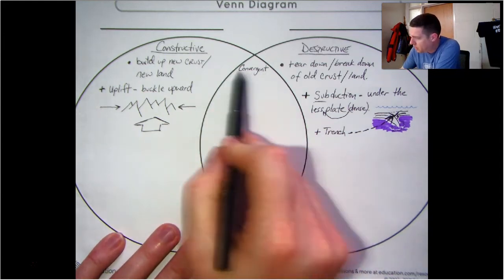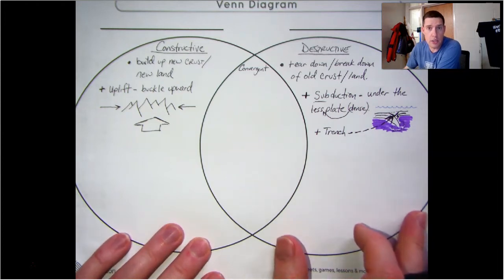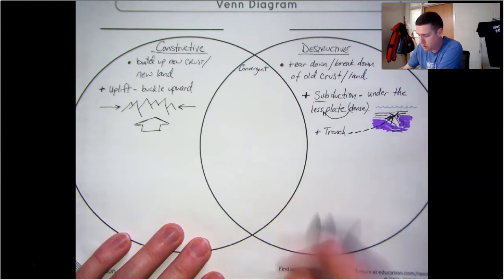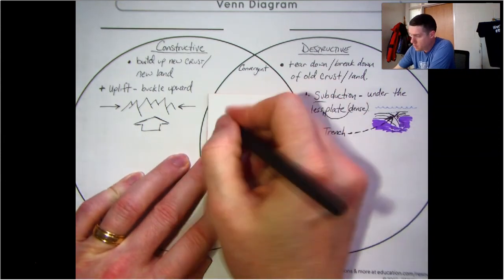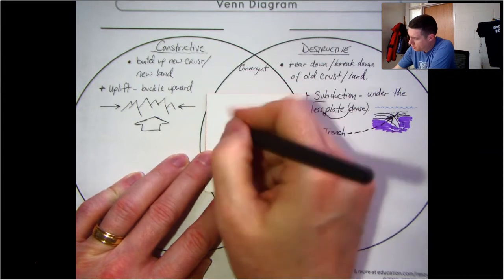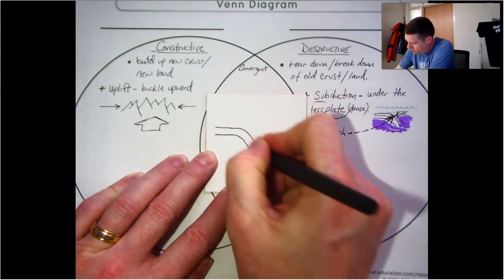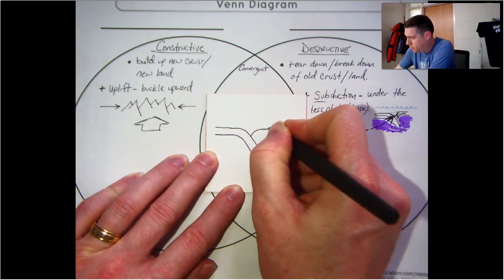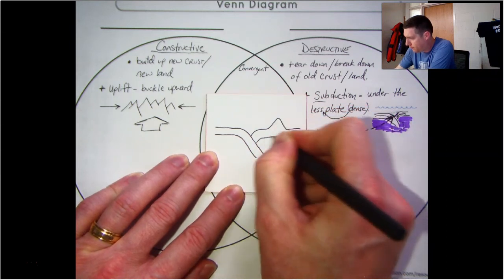What part about converging boundaries would be constructive? What part of this is building up new land? If you've got subduction, you've got that pulling down, that's for sure, but eventually over here on this less dense plate, you're going to get that buckling upward.